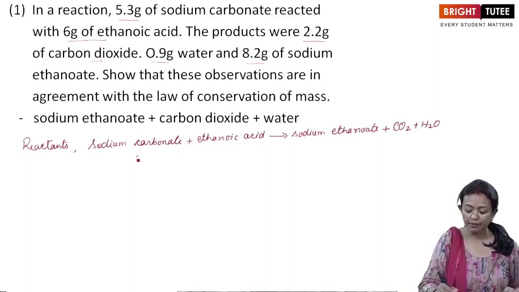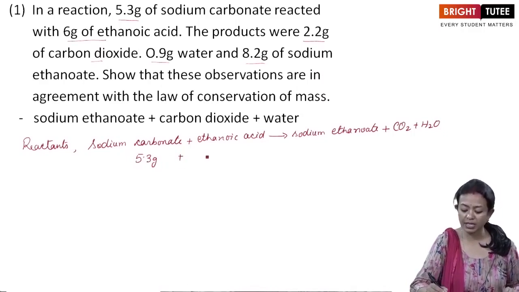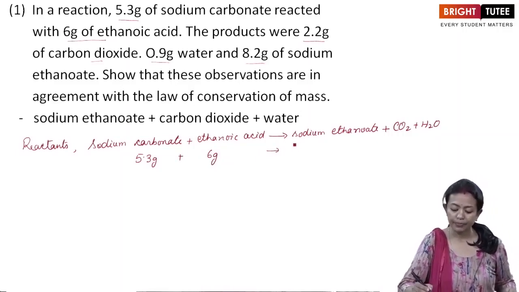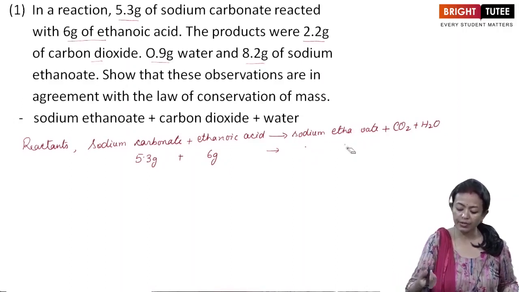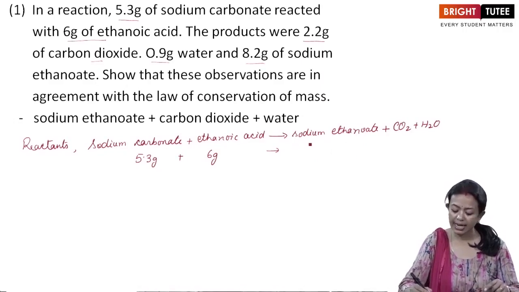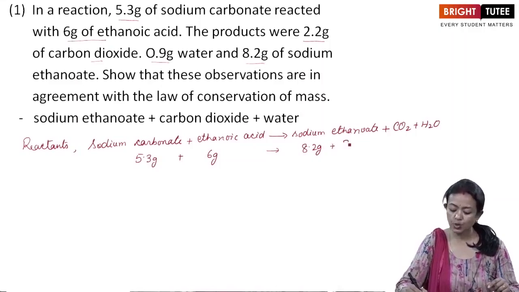Now let us write down the masses used. In the reaction, 5.3 gram of sodium carbonate reacts with 6 gram of ethanoic acid to form sodium ethanoate 8.2 gram, carbon dioxide 2.2 gram, whereas water is 0.9 gram.